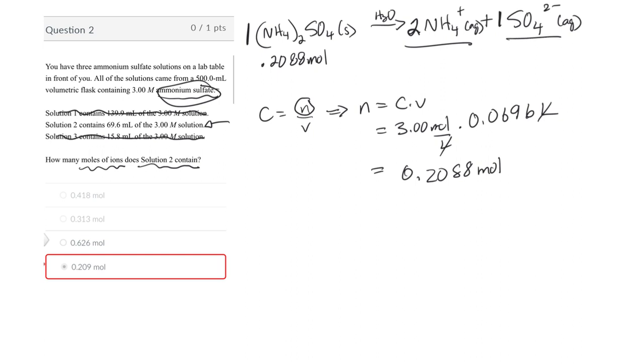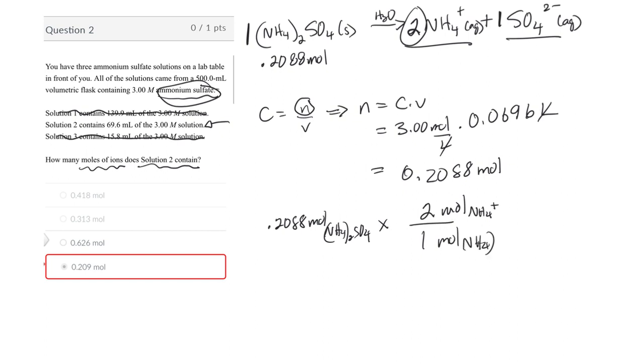So I can do it this way, to write down what you have, 0.2088 moles of ammonium sulfate times the mole ratio, where you put what you want here. 2 moles of NH4 come from 1 mole of (NH4)2SO4.